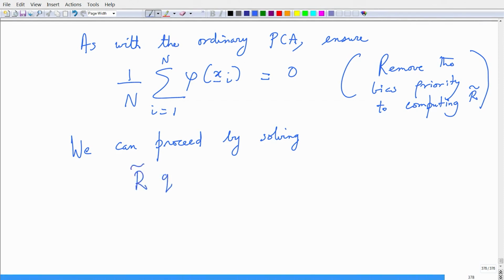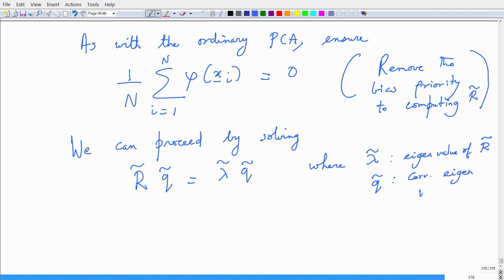R tilde q tilde is lambda tilde q tilde, where lambda tilde is the eigenvalue of R tilde and q tilde is the corresponding eigenvector of R tilde.